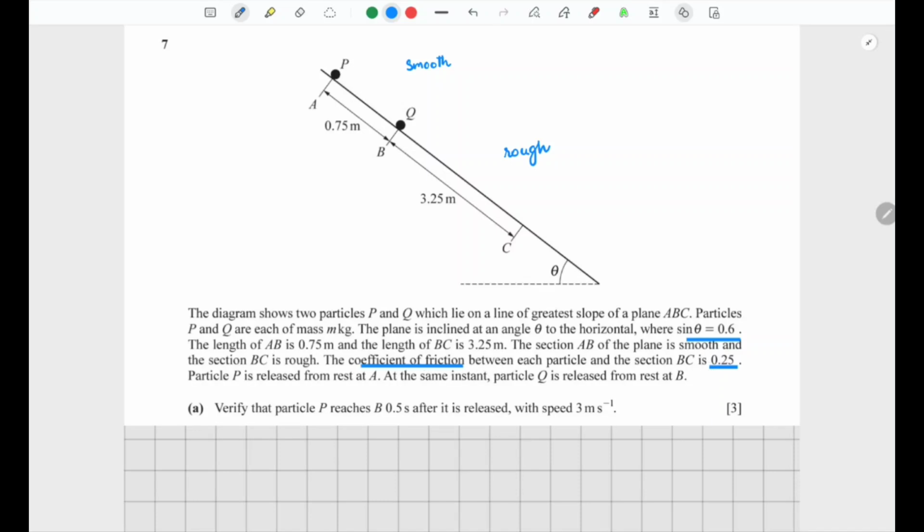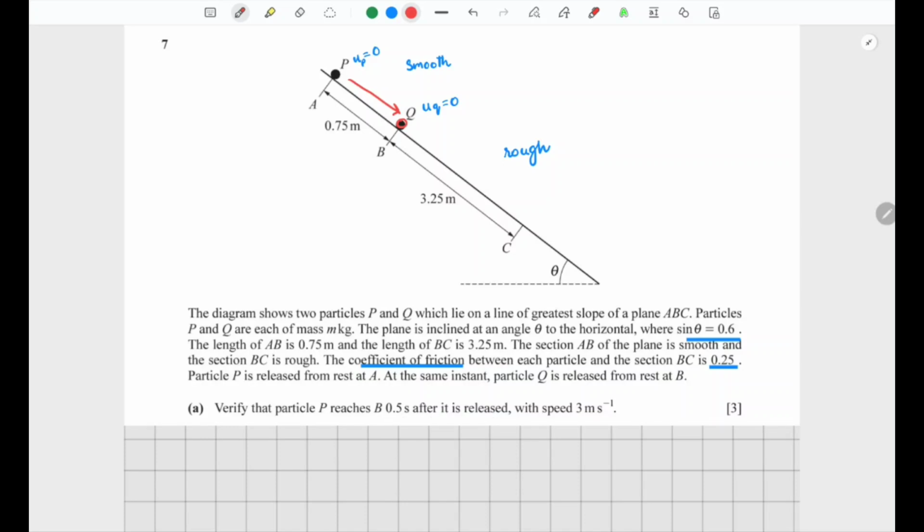Particle P is released from rest at A, and at the same instant the particle Q is released from rest at B. So this means the initial velocity of P is 0 and the initial velocity of Q is also 0. Now what we need to prove is that particle P reaches B, means when it is released it reaches this point, with a speed of 3 meters per second 0.5 seconds after it is released.